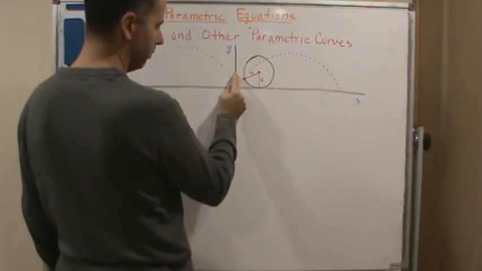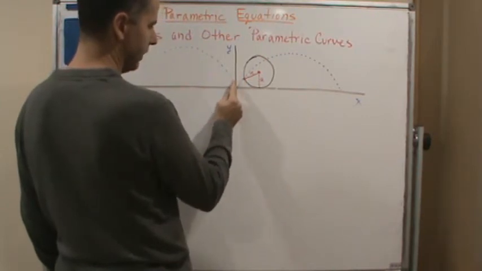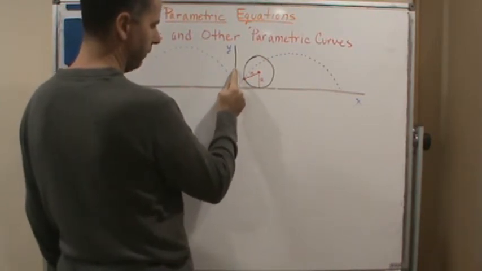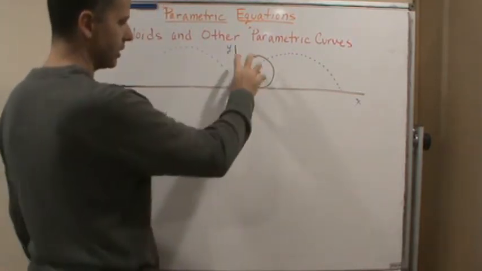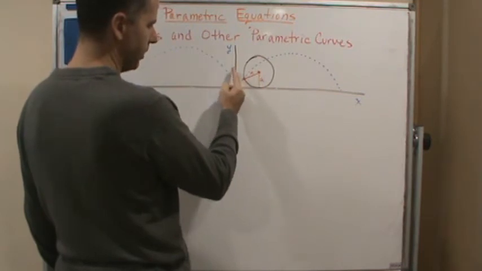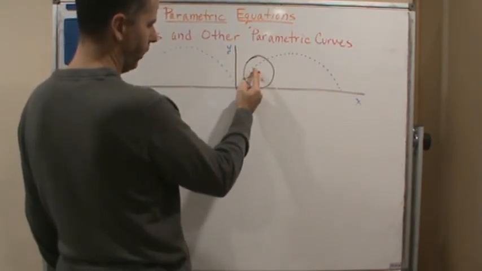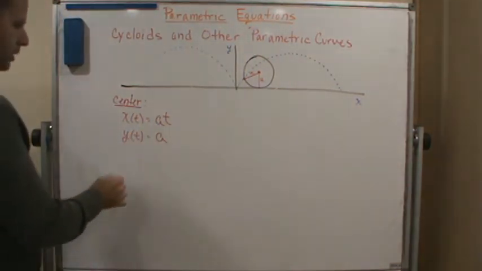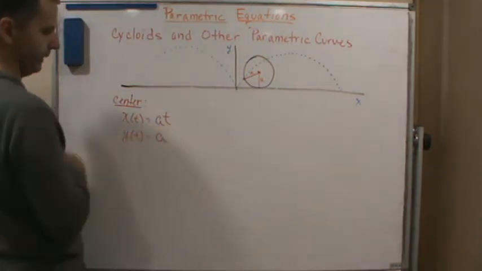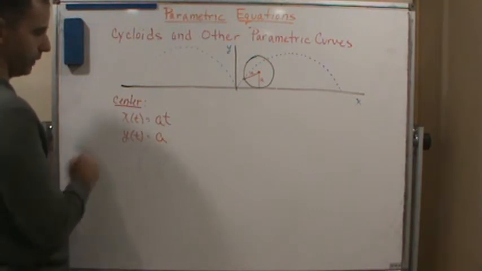So at 0, the distance is going to be 0, but as it's rolling, the center is moving away from the y-axis, and so the distance is always going to be some multiple of the radius. Okay, so we can define it that way.